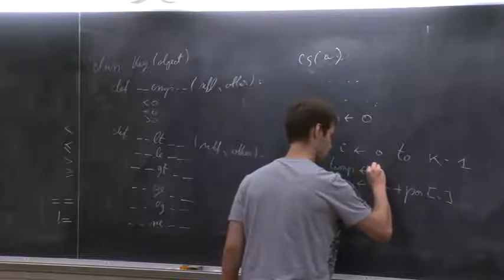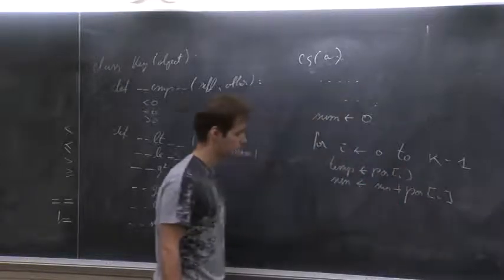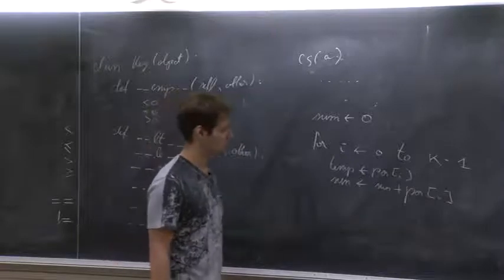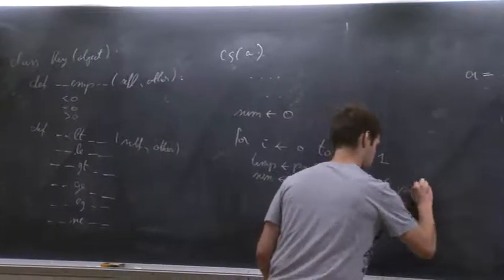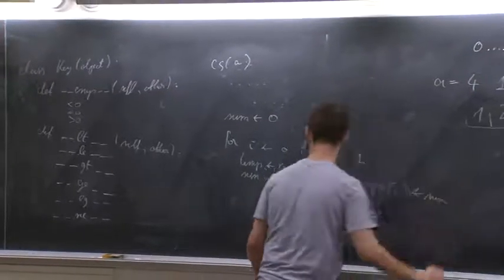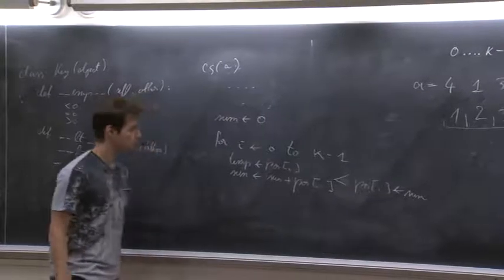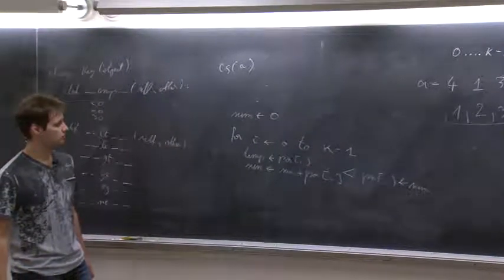Temp is pos[i]. Then say pos[i] is sum, before incrementing sum. No, that's not going to work. Really? You'll have to say then sum is sum plus temp. Okay.